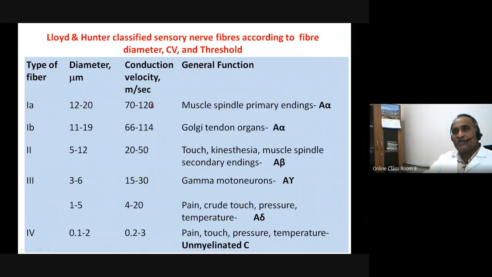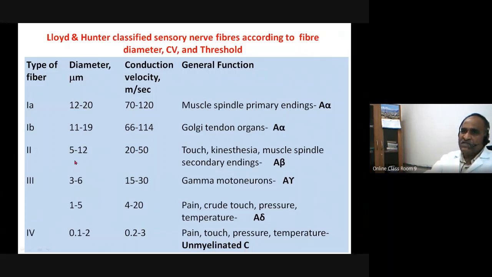The 70 to 120, as I have already discussed, they are the muscle spindle or primary nerve endings. They are A alpha. Group 1B, they are coming from the Golgi tendon organs. They are also A alpha, but their threshold is high. Otherwise, the diameter is around 20 only. The conduction velocities are also similar, about 100 meters per second.